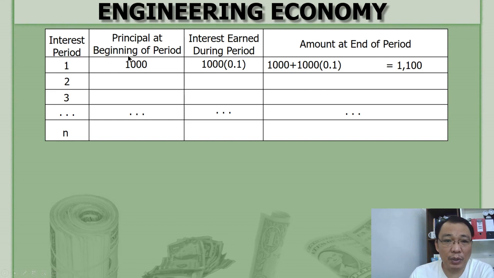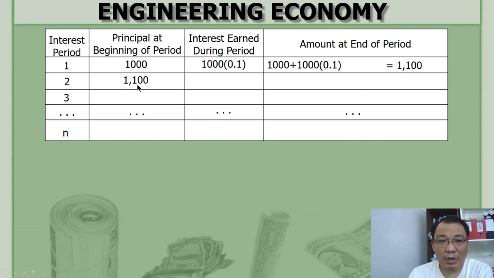Okay. Let's assume na monthly. Monthly. So, January 1, for the whole month of January, mo-earn siya ang interest. By January 31, mo-increase ang value sa imong utang. Okay? So, pag start sa February 1, 1,100 na imong utang. No?